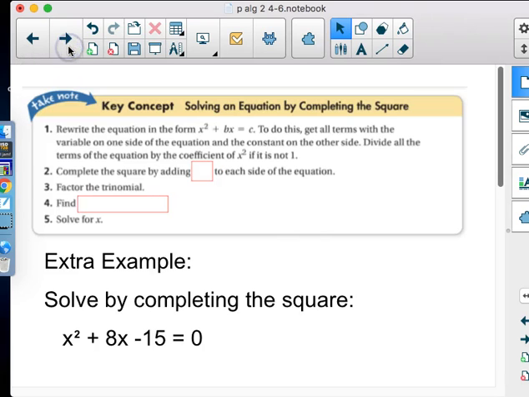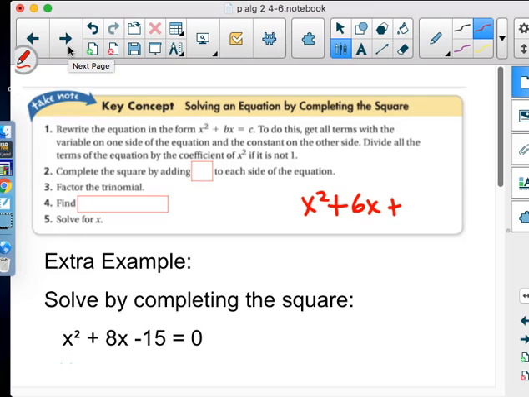So when we're doing this completing the square process, there is a visual that goes with it. So this says rewrite that equation x squared plus bx equals c. Let me give you a little example here for this first one that they have up here.